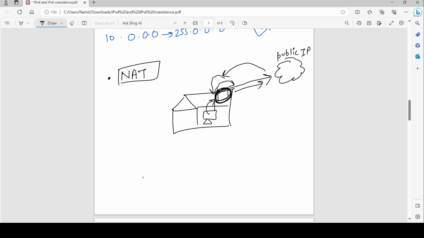The process that is used to convert a private IP address into an internet routable IP address is known as network address translation. Through the help of network address translation, a device that is operating on a private IP address can access anything that is public as well. I hope you have understood this.